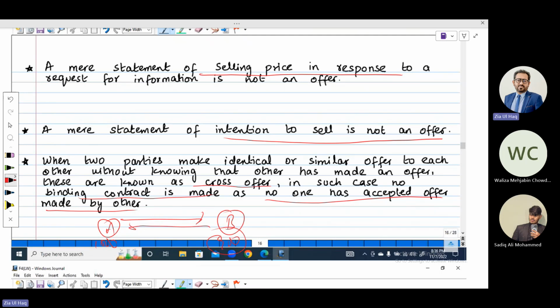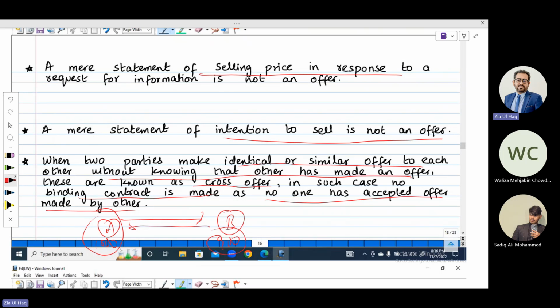So when two parties make identical or similar offers to each other without knowing that the other has made an offer, these are known as cross offers. In such a case, no binding contract is made as no one has accepted the offer made by the other. It means A's offer, I want to sell at 1000, was not accepted by B. And he made a cross offer, I want to buy at 900.